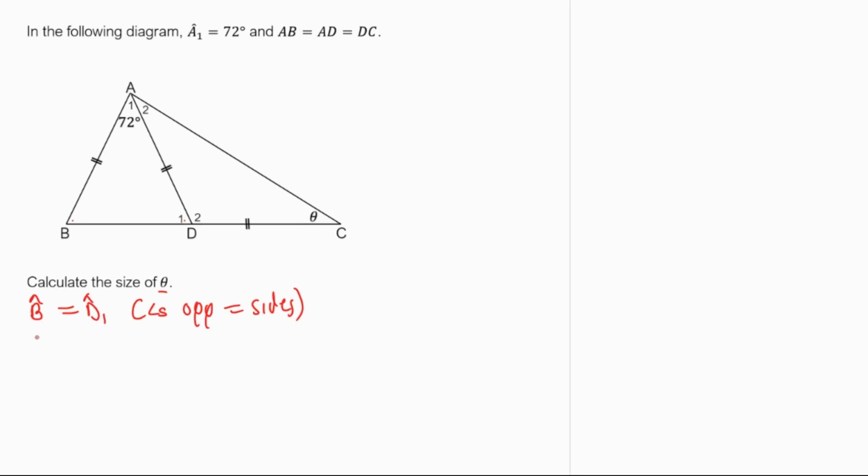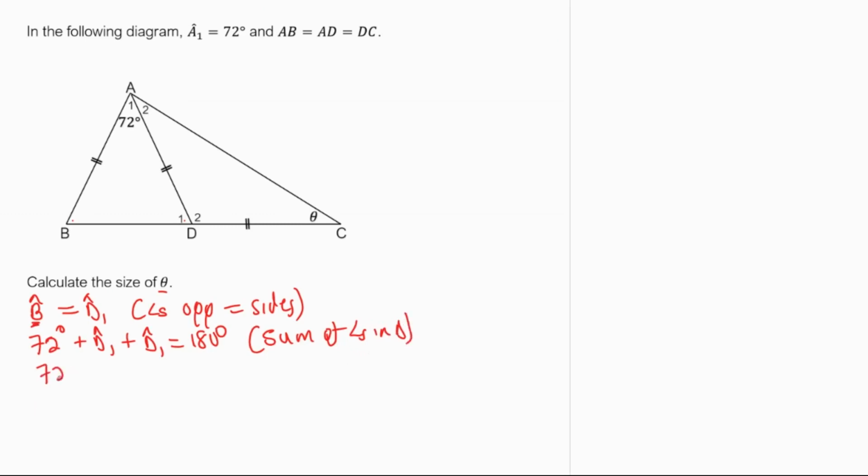So we can say 72 degrees plus angle D1 plus angle B, but angle B and angle D1 are equal, so we can replace angle B with angle D1, is equal to 180 degrees, sum of angles in triangle, right?